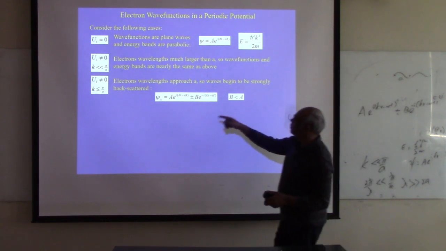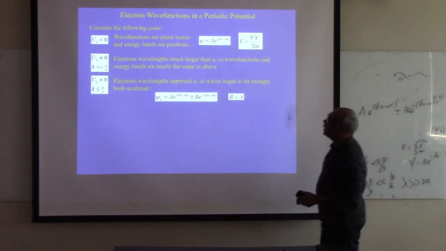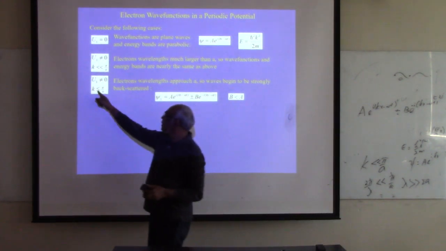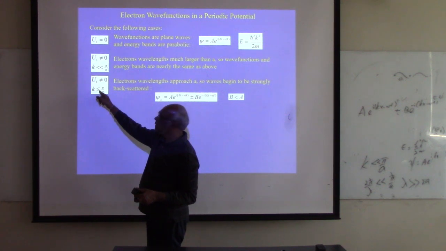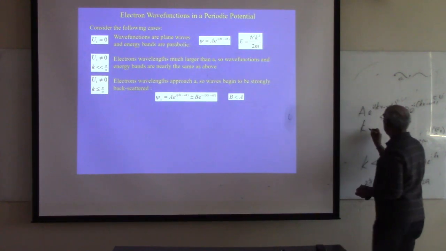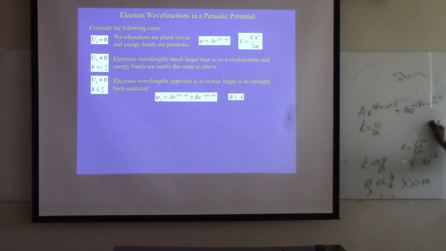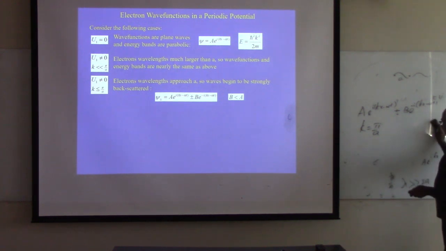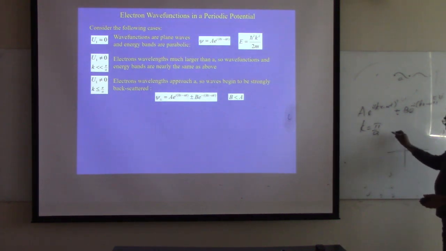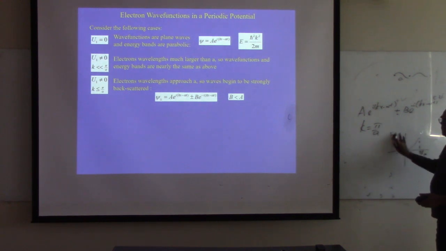So in this case A and B are different. So that is when k is equal or less than pi over a. Just imagine k is exactly pi over a. This is very special. What is that? Remember, if you take the first Brillouin zone, we know this is pi over a.